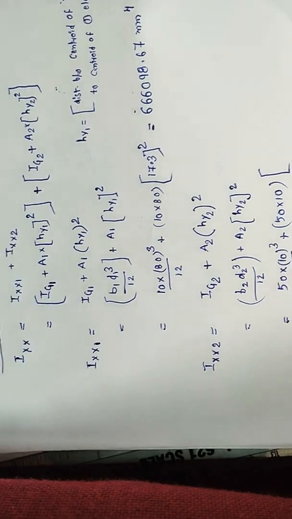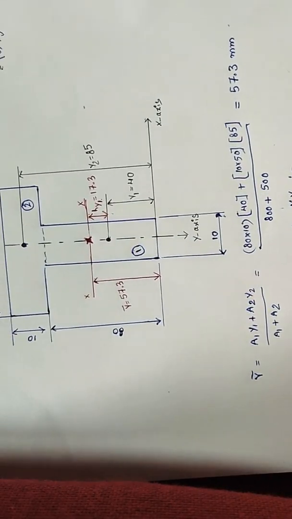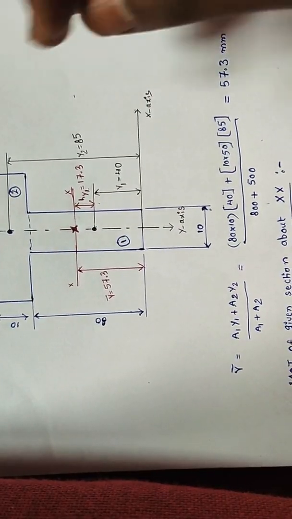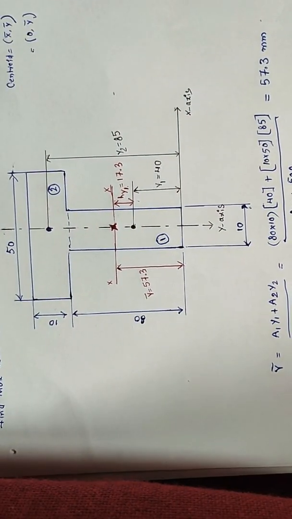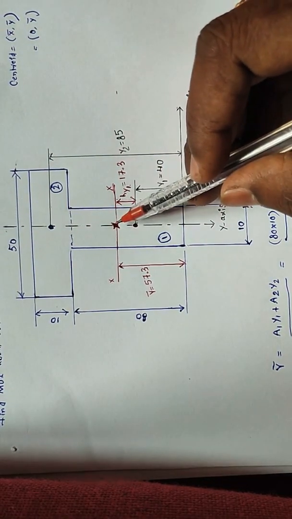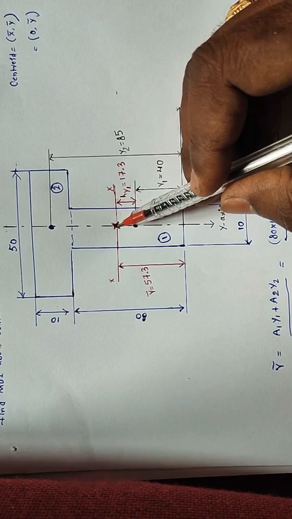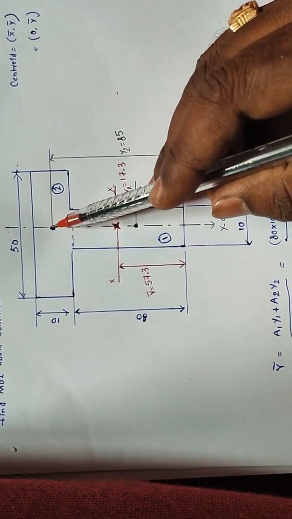So hy2 means the distance between the centroid of that T section to the centroid of the second element. Here the centroid of the T section is here and the centroid of the second element is here.